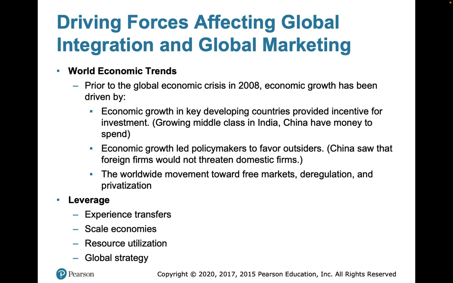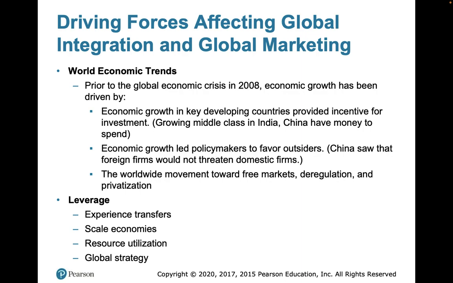So these are the trends today, and let's look at the leverage. There's experience transfer, economies of scale, resource utilization, and global strategy. This is what they all leverage on.